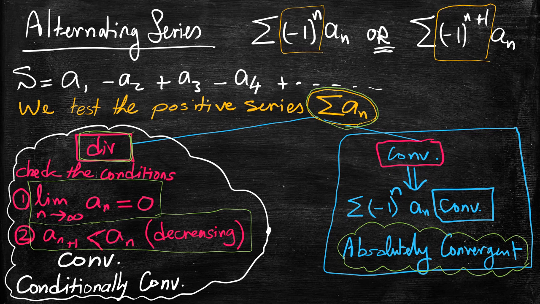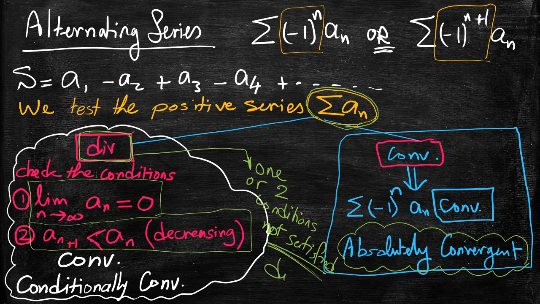If one or two conditions are not satisfied, the series will remain a divergent series. So conditions number one and number two must be satisfied.